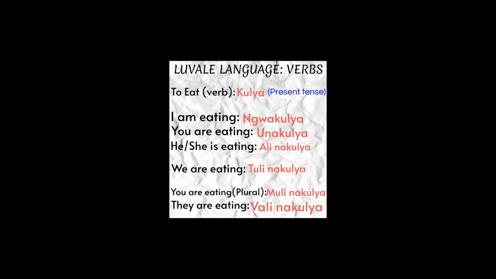But when you say nguli nakula, you are specifying that you are currently eating at that very moment. You are putting emphasis on I'm eating. Maybe even if they want to send you somewhere, want to call you, if you tell someone nakula, meaning I'm busy, I'm currently eating right now.